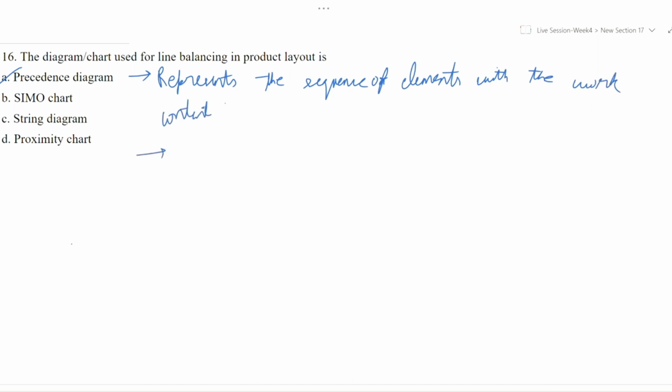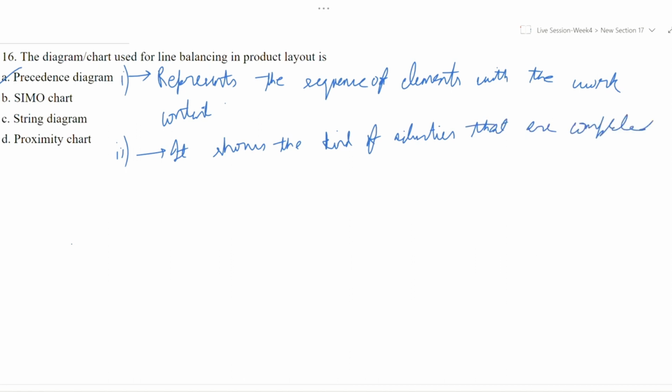It shows the kind of activities that are completed first before taking up the next activity.